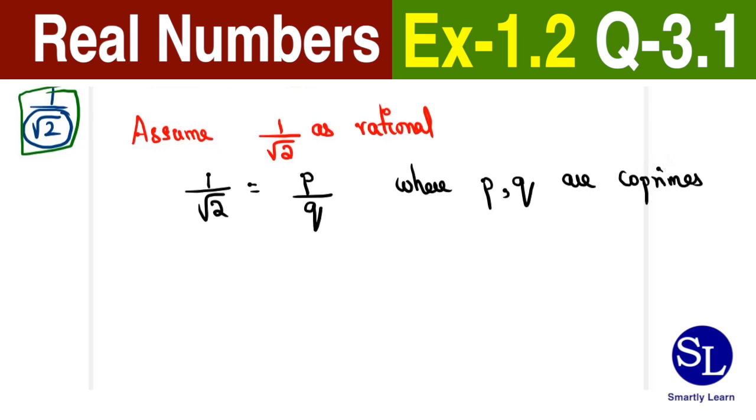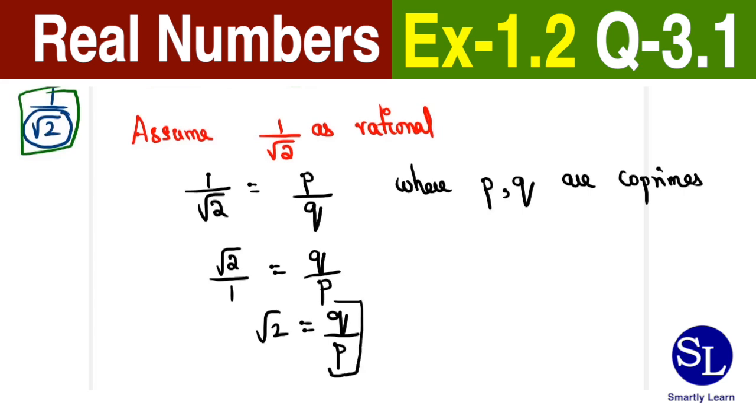So now let us rewrite this expression. I can reverse this, right? So root 2 by 1 is equal to q by p, or root 2 is equal to q by p. Now we have just proved that root 2 is an irrational number and cannot be expressed in the form of a numerator by denominator.